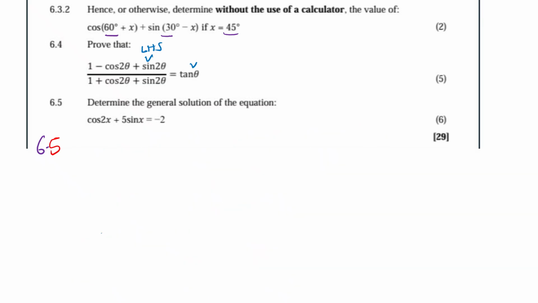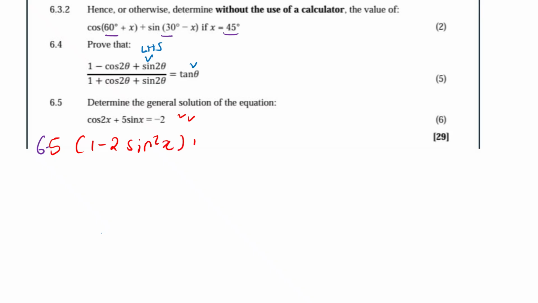Therefore now 6.5, determine the general solution of this equation. So then now, general solution. We can change cos 2 theta into 1 minus 2 sine squared. Oh, it is x, and not cos 2 theta, it is cos 2x. So 1 minus 2 sine squared x, right?